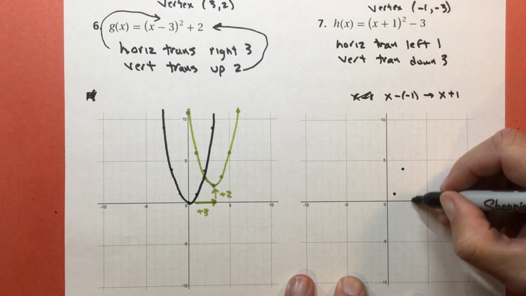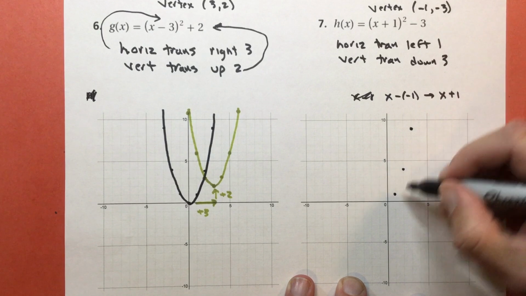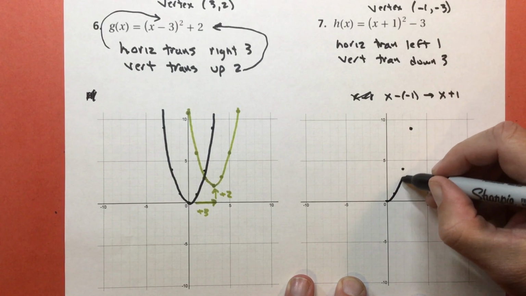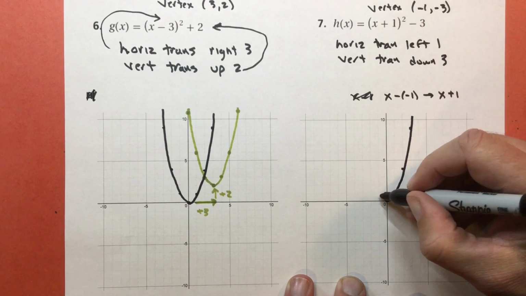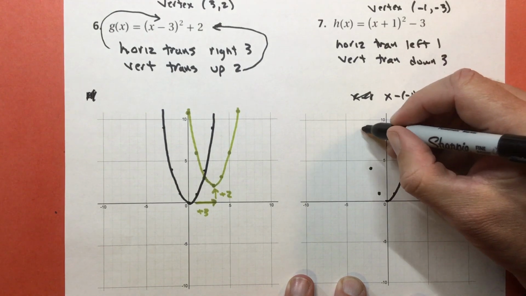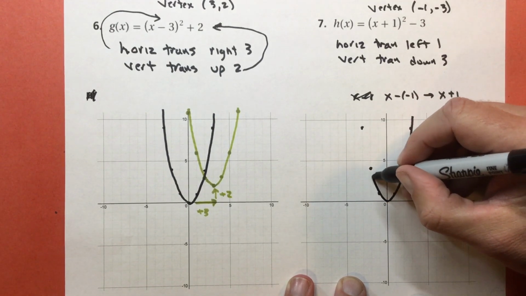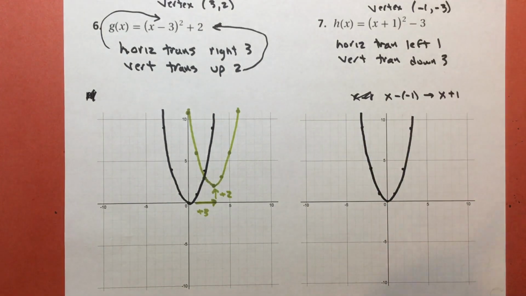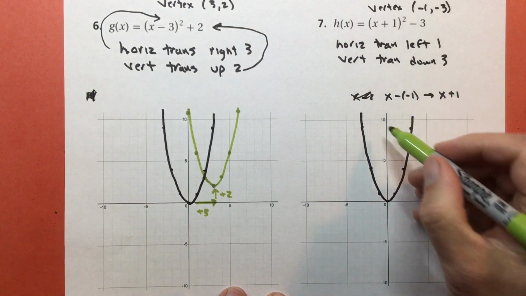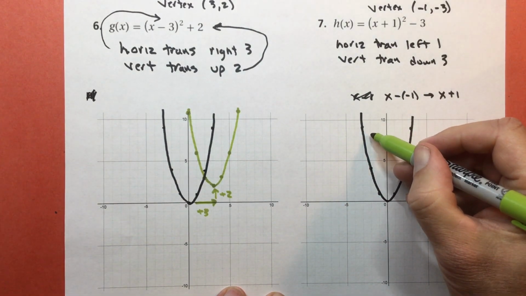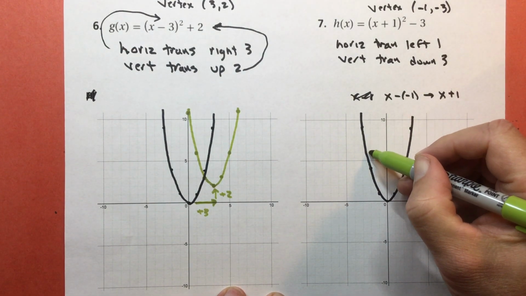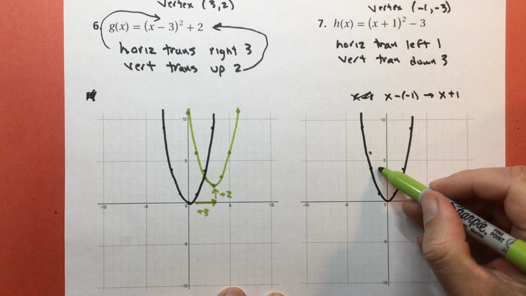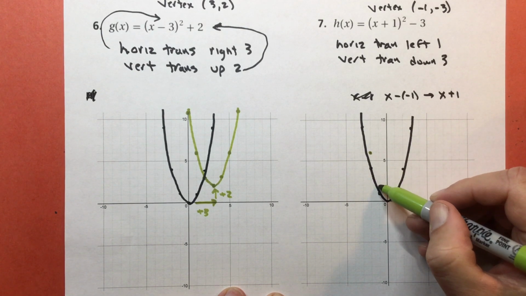So again, it's easier if I use my parent function. And all these points I'm going to go left 1, down 3. So left 1, down 3. 1, 2, 3, about right there. Right here I go left 1, 1, 2, 3.